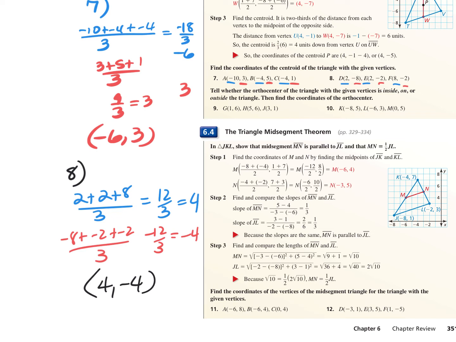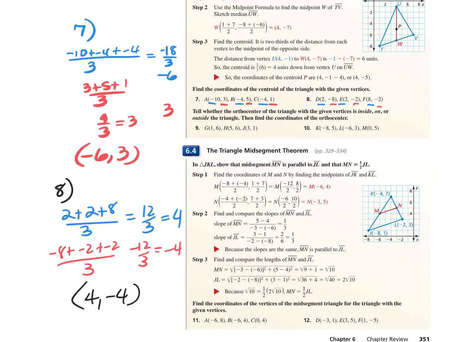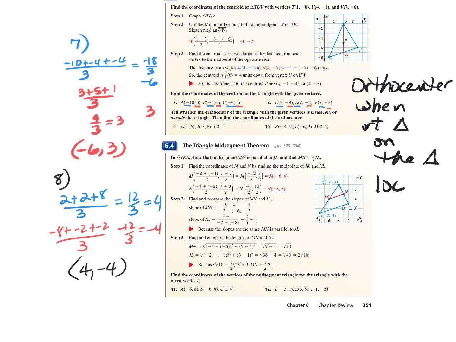And then for number 9, now for the orthocenter, just like the centroid, I'm only going to give you a right triangle if I give you this question. So remember, when you're looking for the orthocenter, when it's a right triangle, it's on the triangle, and it's going to be located at the right angle.